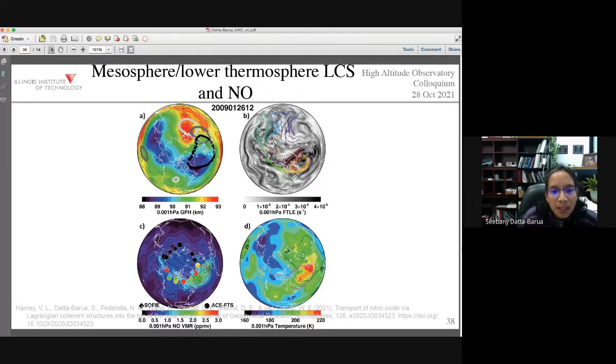So the grayscale, if you look at the darkest gray, those are the maximum LCS values, and just to enhance the view, it's sort of got a dashed pink line here to kind of show you what regions are being separated. And there are some additional tracers here that are each initialized with a different color, all initialized around the 65-degree latitude circle, and where they travel over that time is plotted as well.